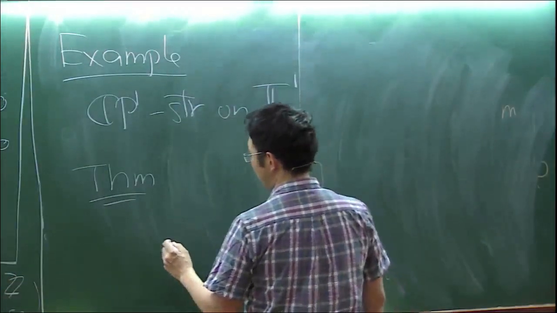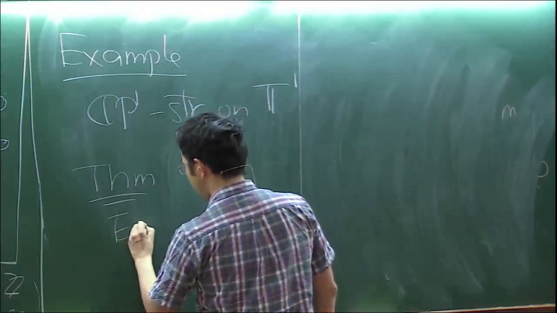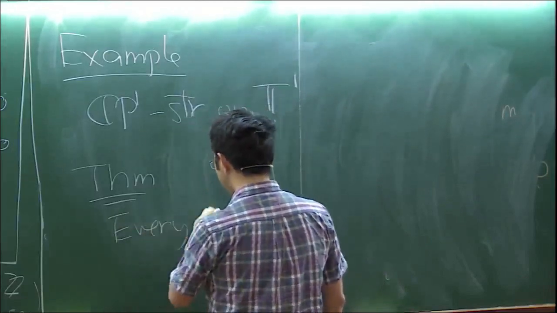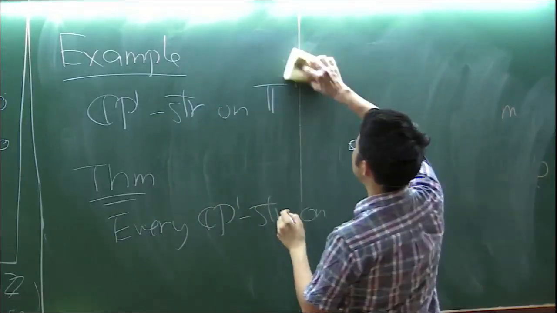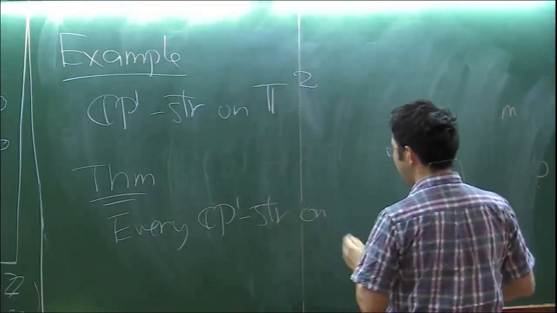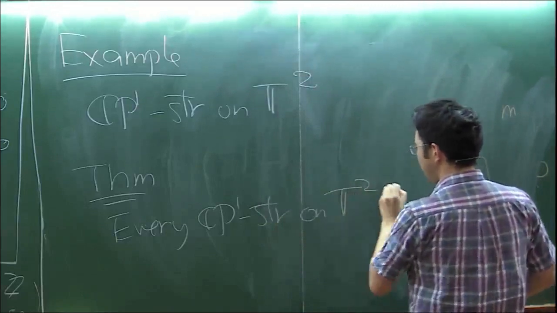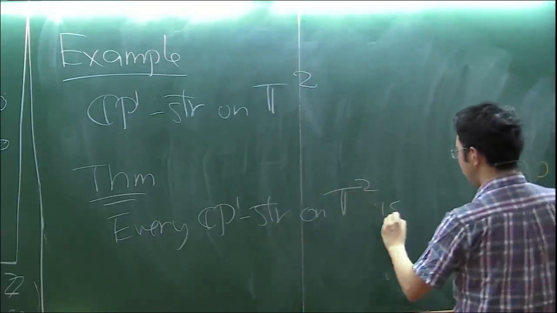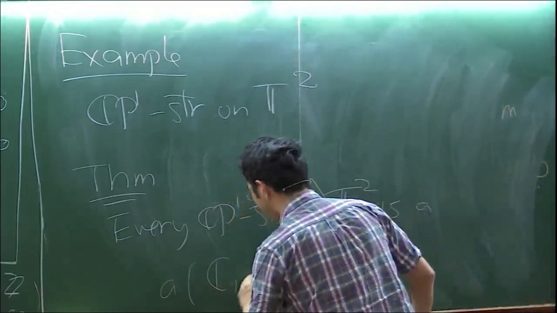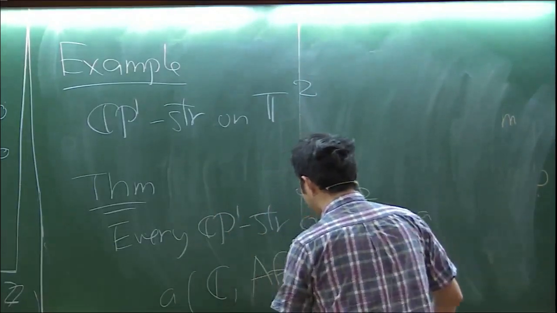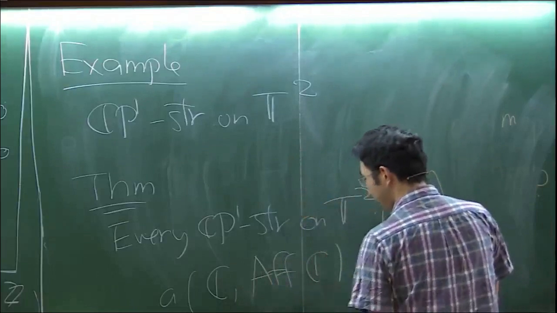The theorem is that every CP1 structure on the torus T2 is a complex affine structure.